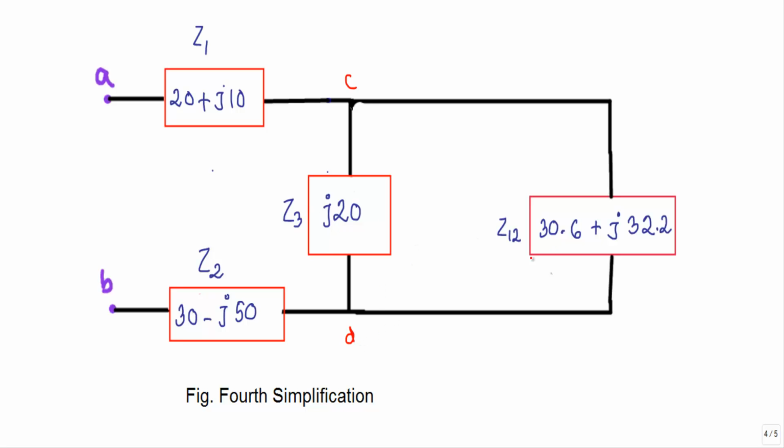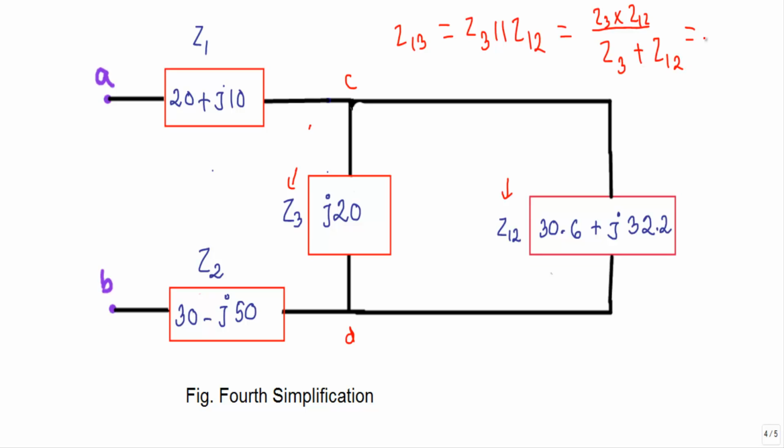Between the C and D terminals I have this Z3 and Z12, and see, they are connected in parallel. So if I replace these two impedances with their equivalent impedance, I will get Z13, which will be the equivalent parallel impedance of Z3 and Z12, and that will be equal to Z3 into Z12 divided by Z3 plus Z12.